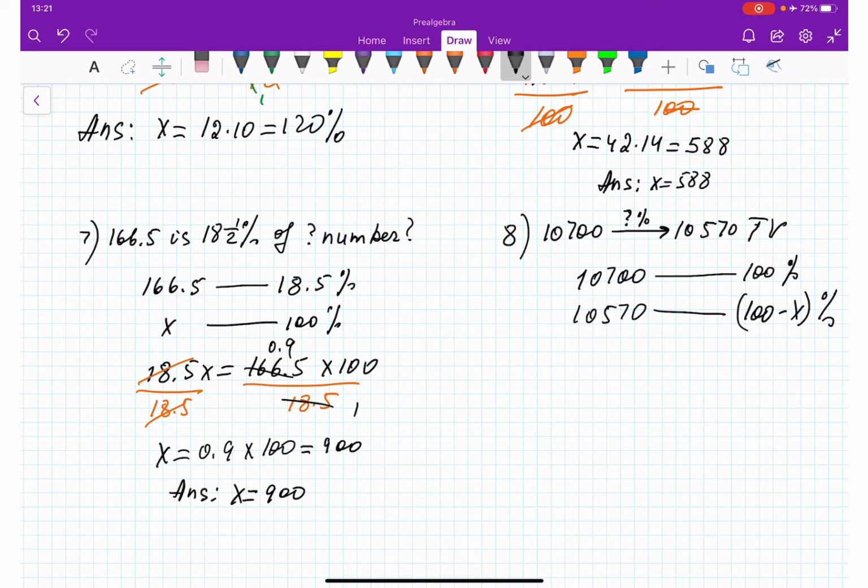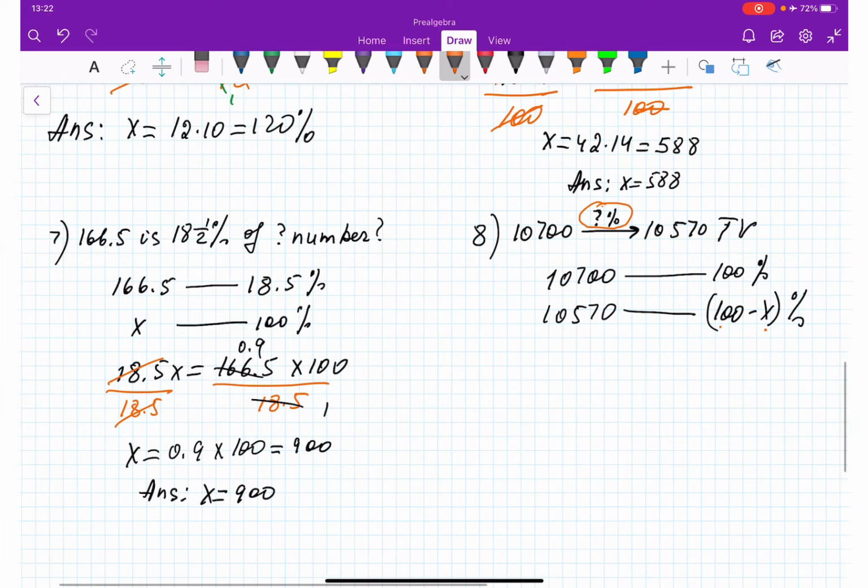Because it says the decrease is by some percent, it doesn't say how many percent. So 100 minus x is going to be the percentage that will match 10,570, right? And x is still the percentage of decrease.